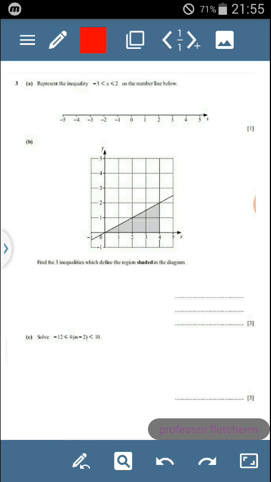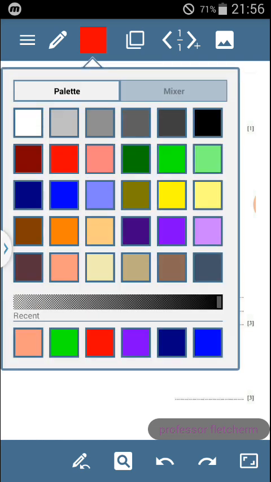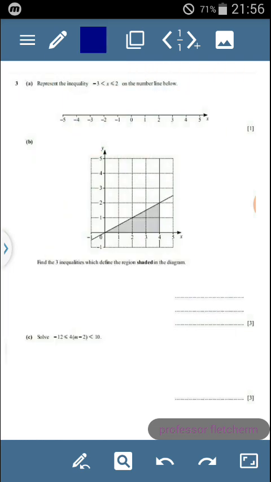If you rearrange that so that you start with an x, we start off with the last part, so you get x is smaller or equal to 2, and then the other one will be x is greater than negative 3. So those are our two inequalities.